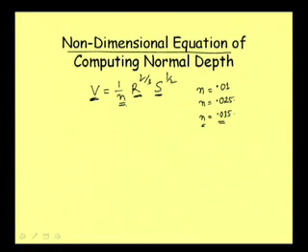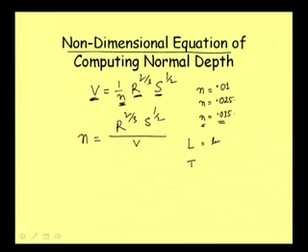If we ask what will be the dimension of n, that also we can find out. We can write n is equal to R to the power 2 by 3, S to the power half, divided by V. Now, if I write the length dimension as L and time dimension as T, then we are talking about the dimension of n.